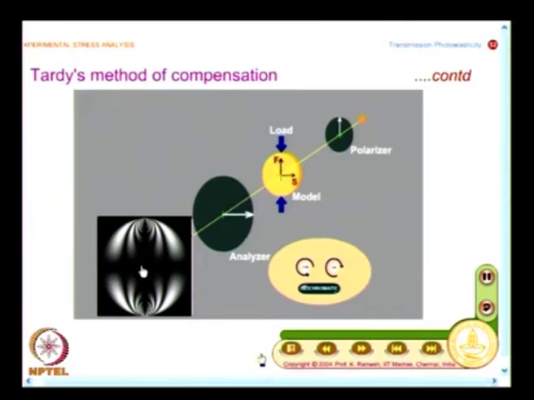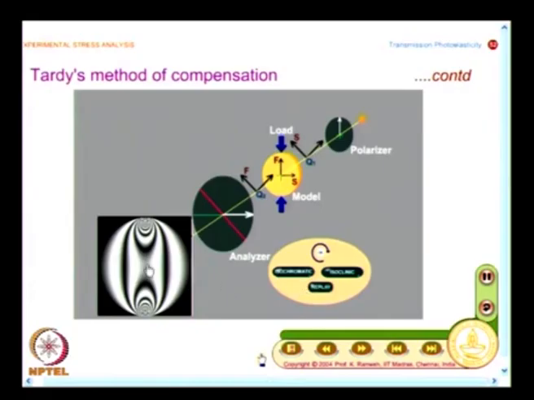You also verify experimentally, wherein I put polarizer, analyzer, and I ensure that I have a 0 degree isoclinic passing through the point of interest. Then we have also seen that at the point of interest in the dark field, no fringe actually passes through, and we get an information it is between 1 and 2, and I rotate the analyzer.